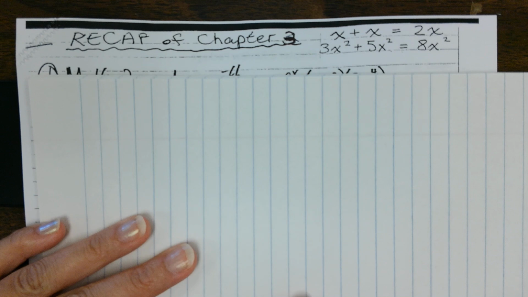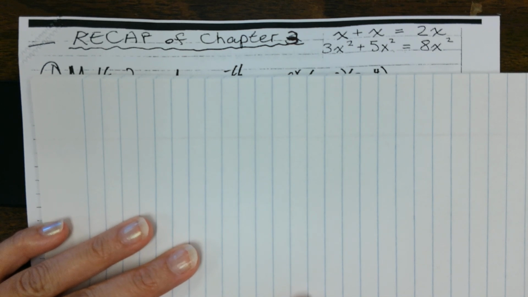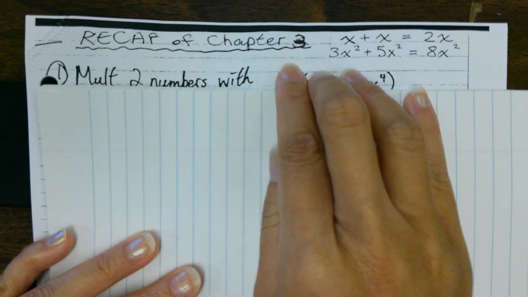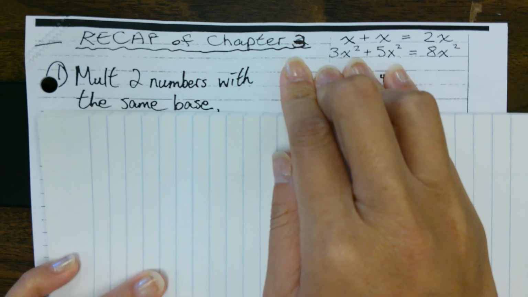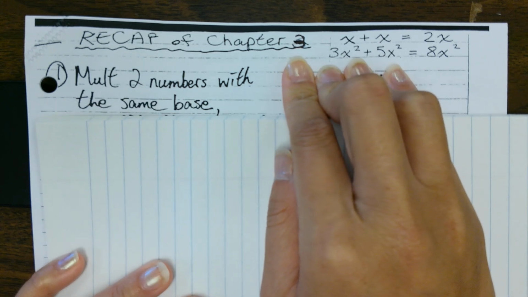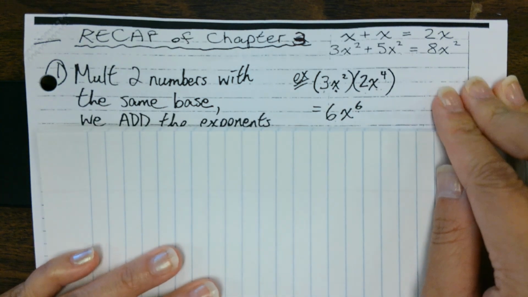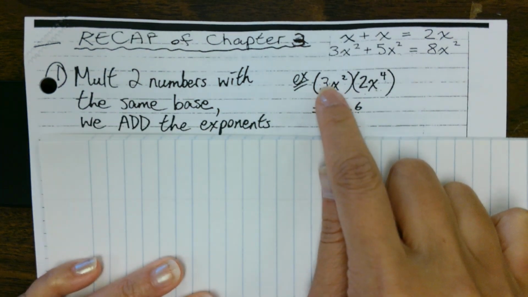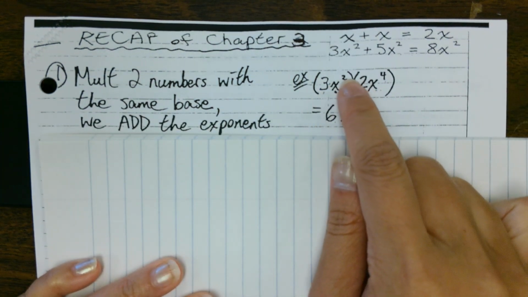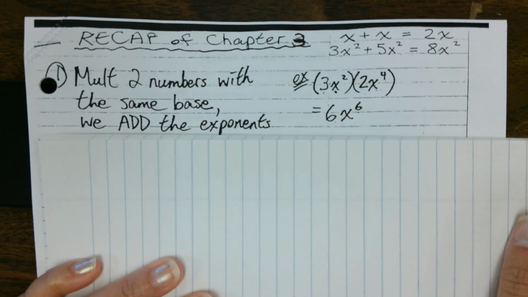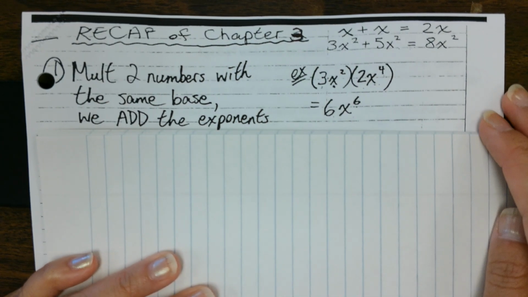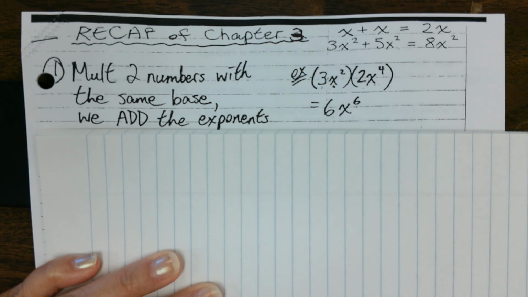Okay, so we did a few exponent rules. So when you multiply two numbers with the same base, what do you do to the exponents? Add. Right, so you multiply the coefficients, but then you add the exponents. Right, so copy it down because it does help you guys remember.